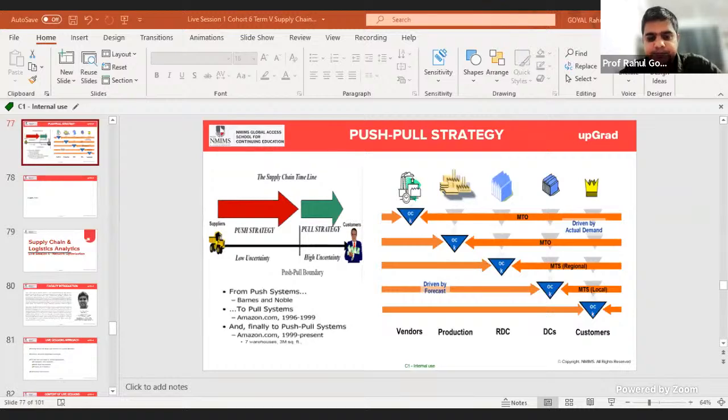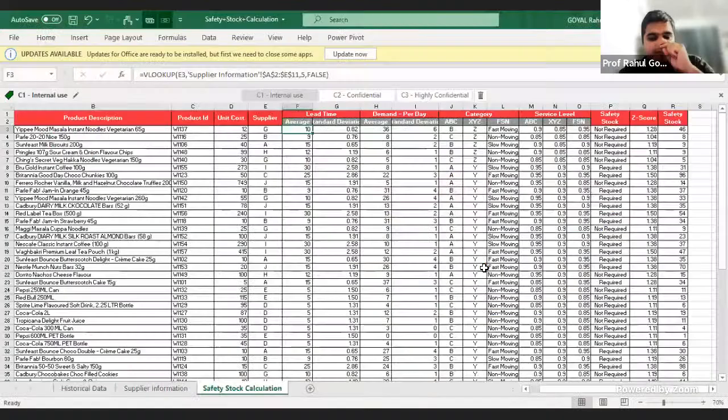The first thing we understood was the safety stock, right? So let me first do the safety stock calculations. Okay. So can a few of you confirm if you can see the Excel?